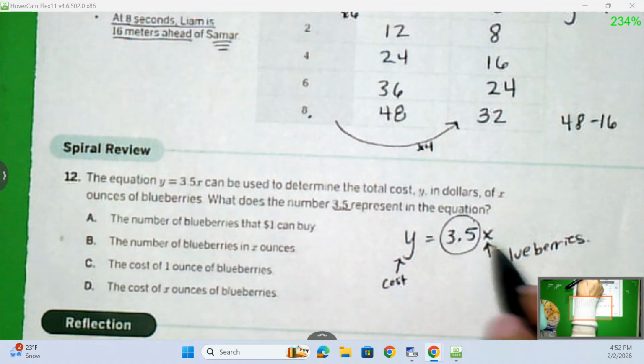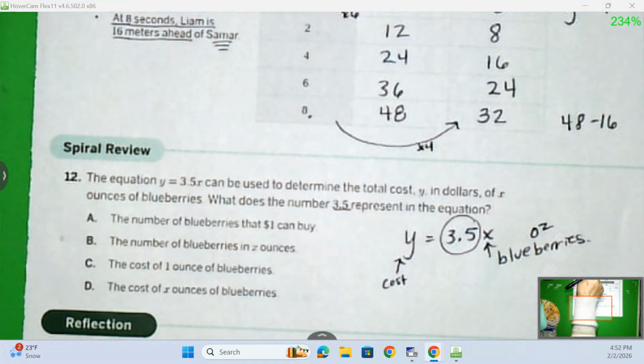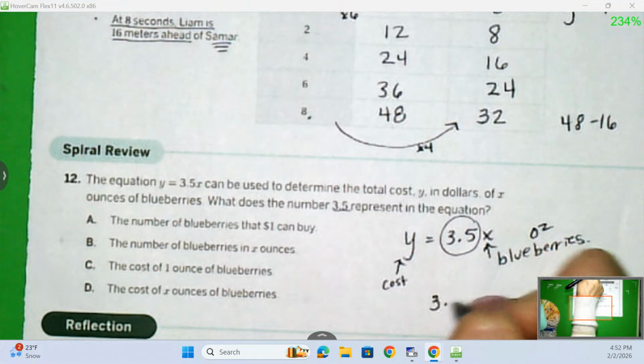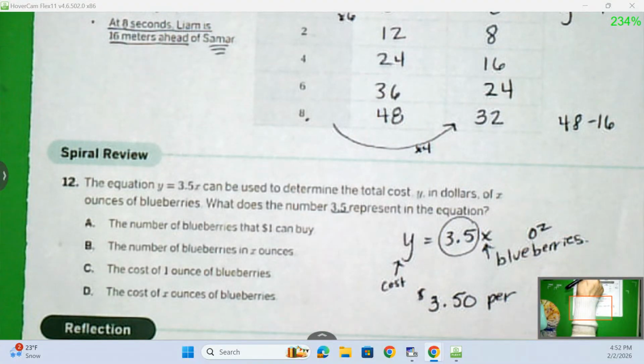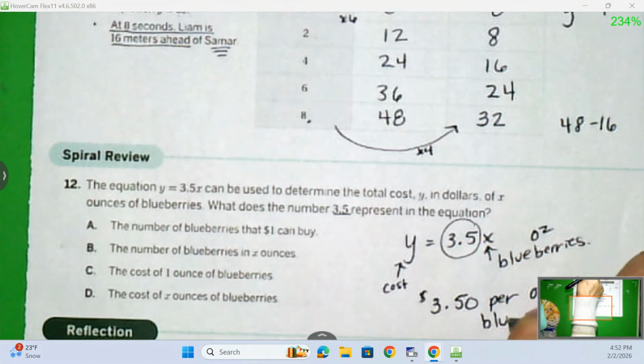That's going to be the dollar amount per ounce of blueberries. Okay, so 3.5 is $3.50 per ounce of blueberries.